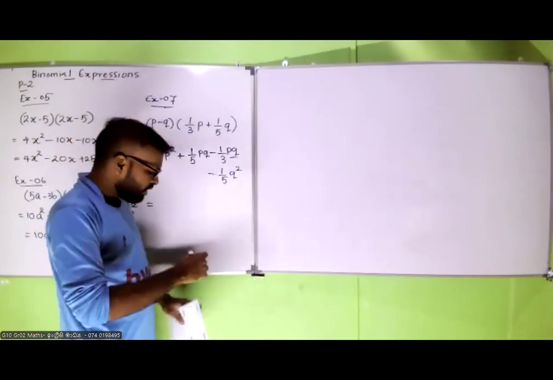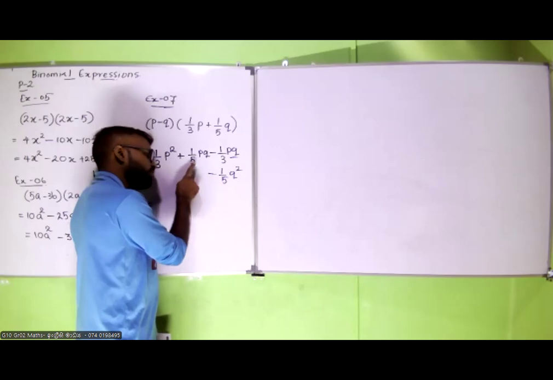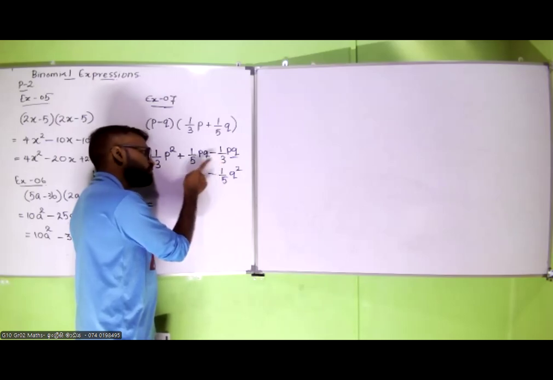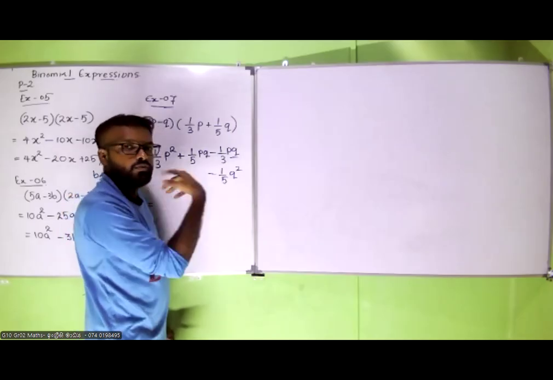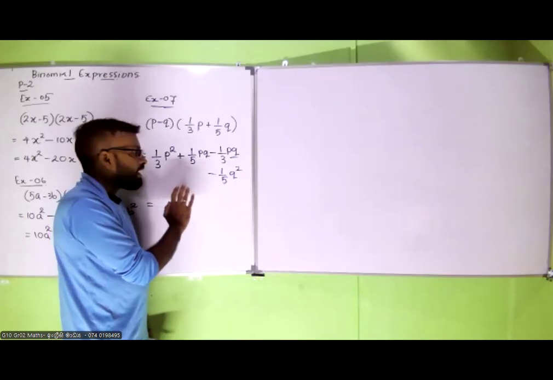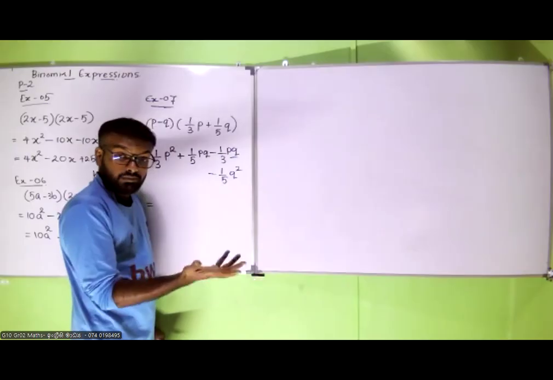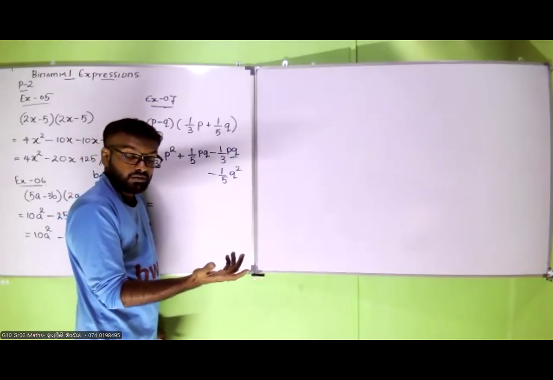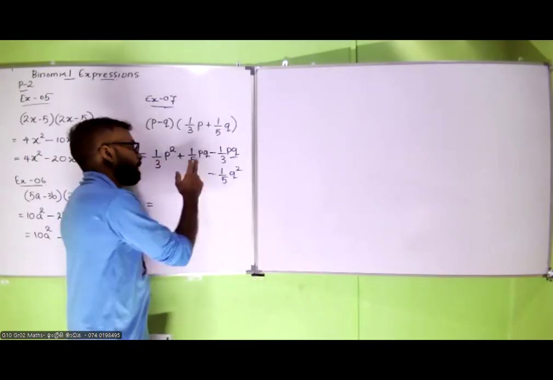But here actually no need to find the LCM because 5 is not a multiple of 3, 3 is not a multiple of 5, right? And 5 and 3 do not have any common factors either, right? Not a multiple of each other, okay?